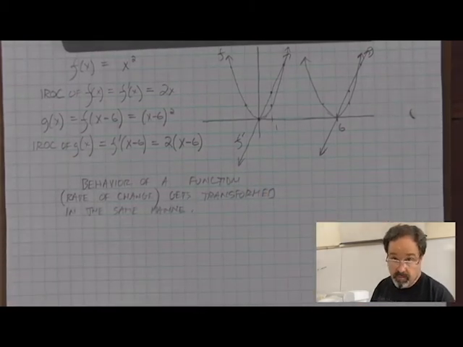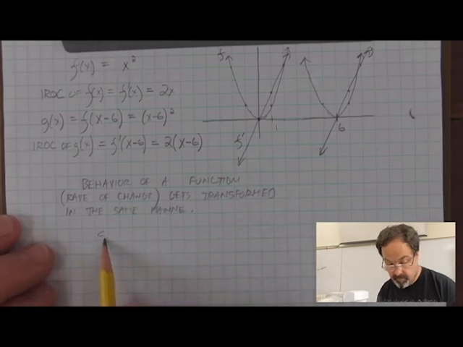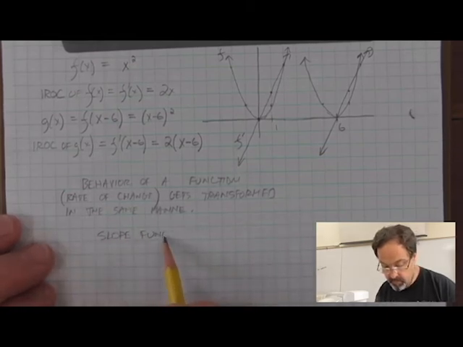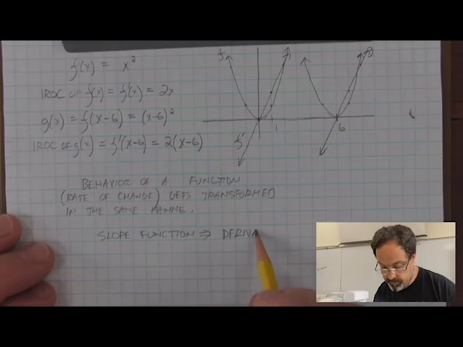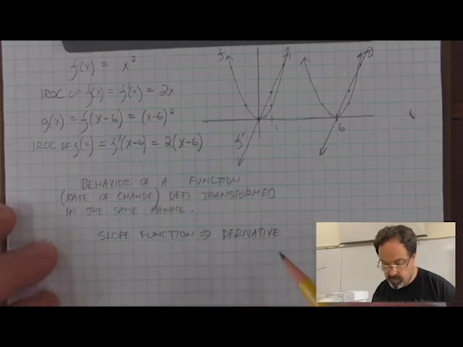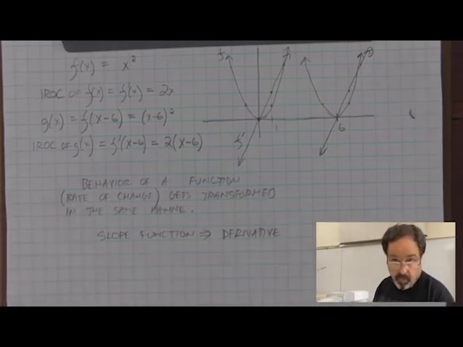Why do we care about this? Because finding slope functions is also called finding the derivative. Derivative is the fancy calculus word for a function that finds the slope of tangent lines to another function.